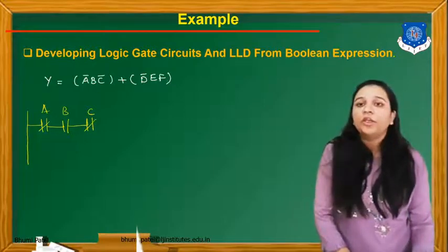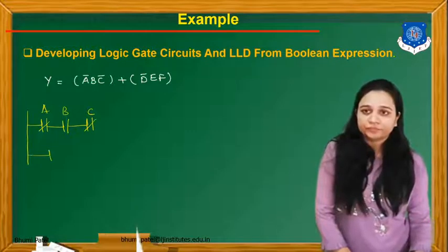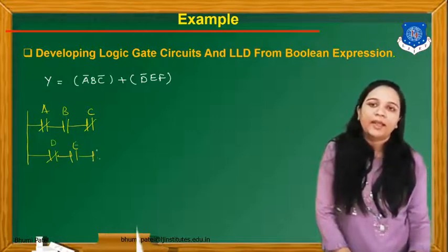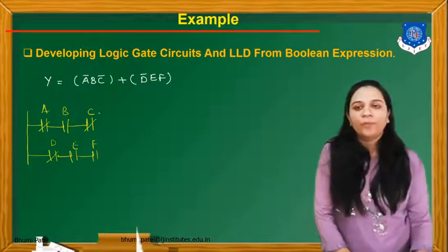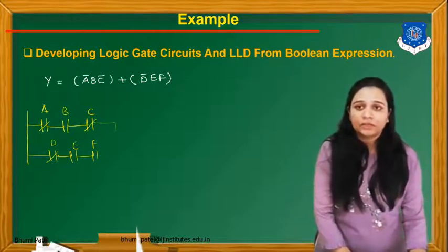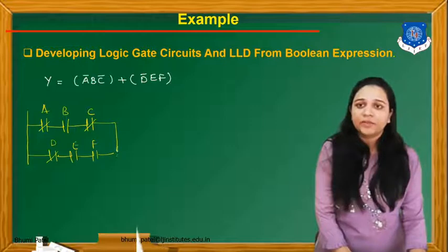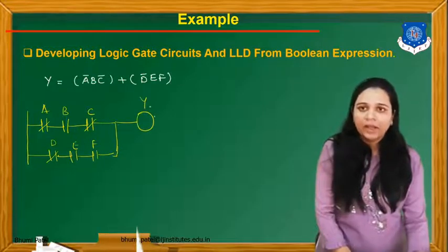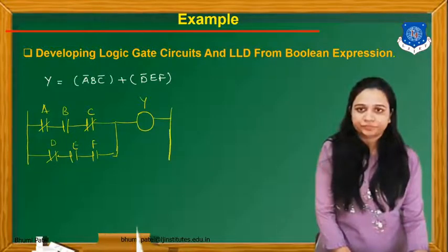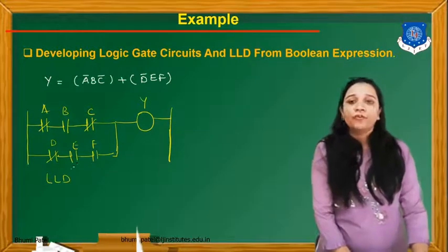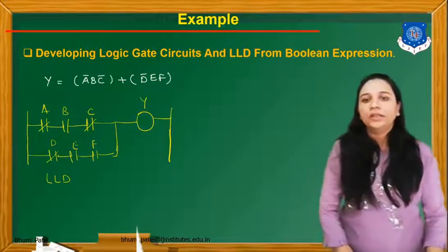Now d bar into e into f. Again d bar is normally closed, e is normally open, and f is again normally open. Both branches are connected in parallel because the plus sign is given. So we put them in parallel, and this is my output y. So this is my ladder logic diagram for this particular Boolean expression.